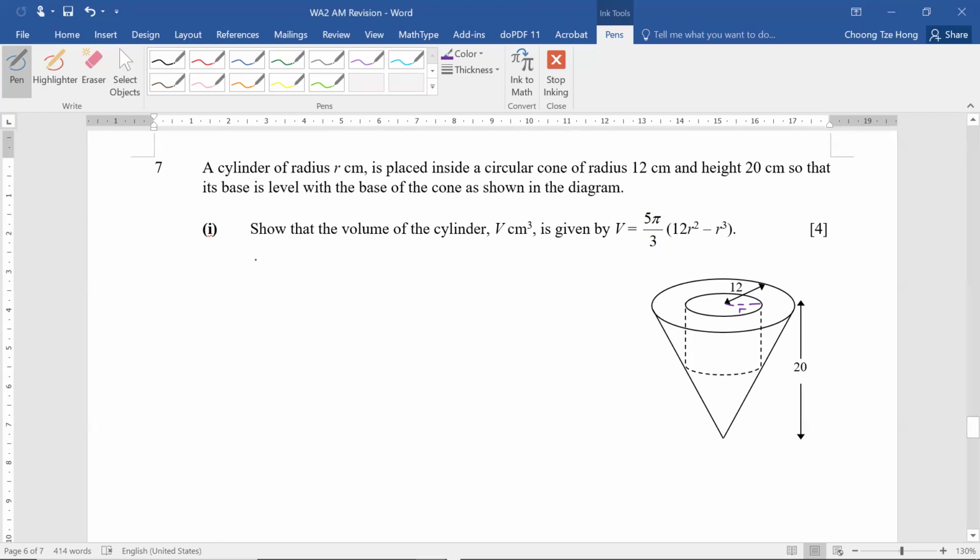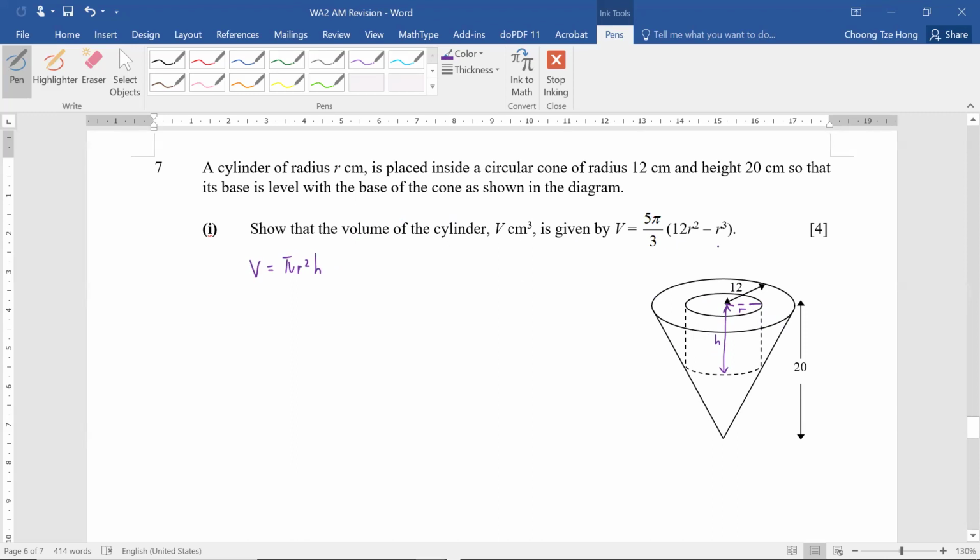The volume of a cylinder is base area times height, so pi r squared. The height wasn't given, but we can label it ourselves. We call the height of the cylinder h, so pi r squared h.